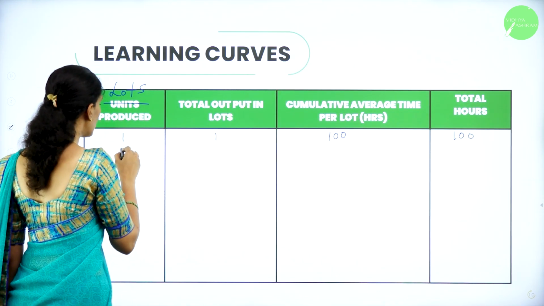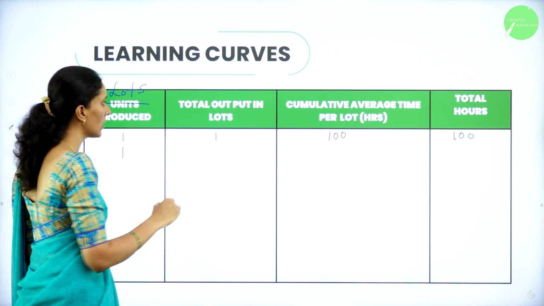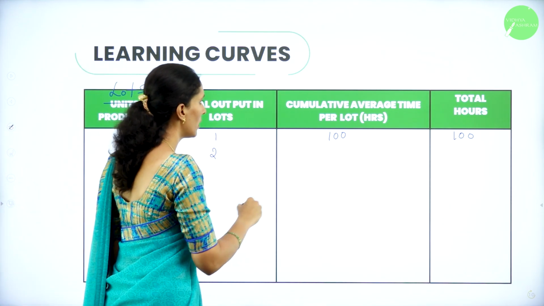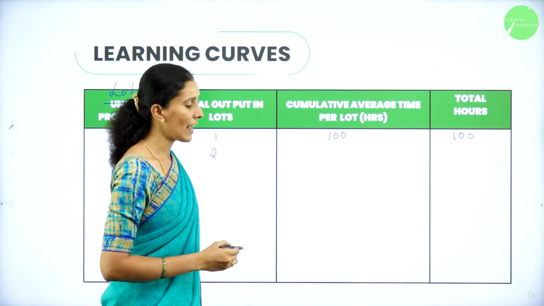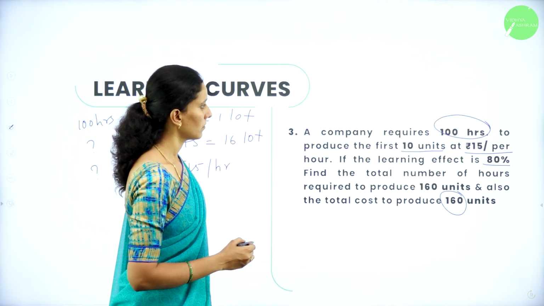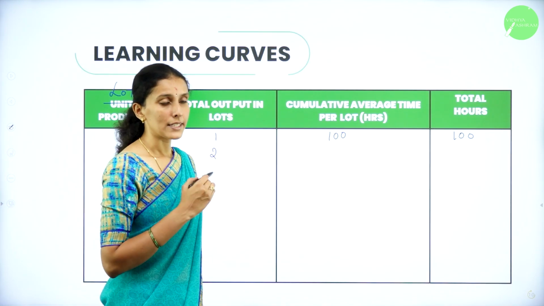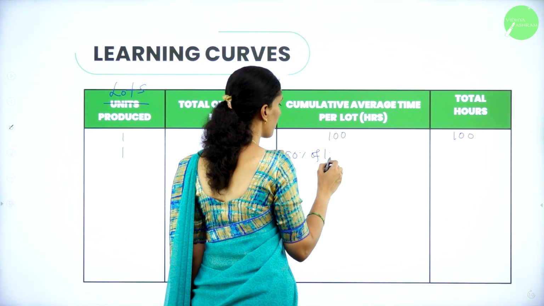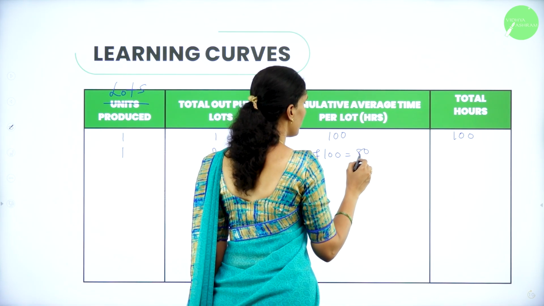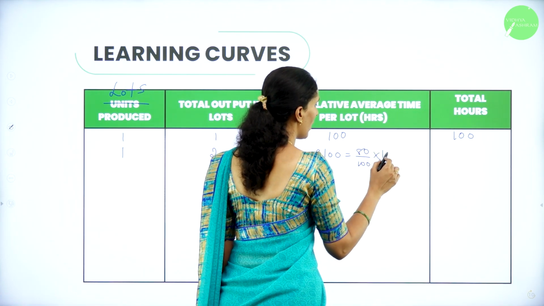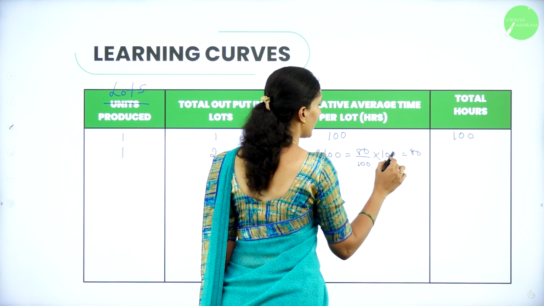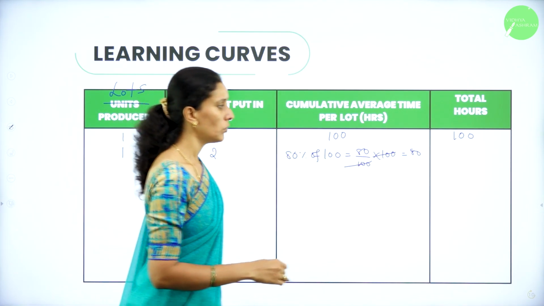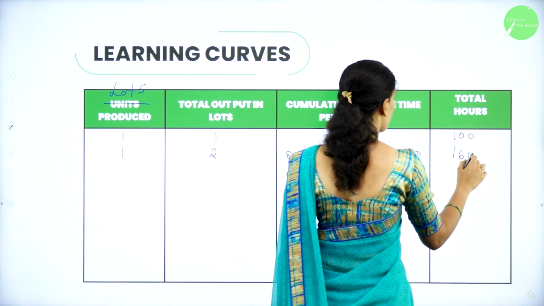Next, again to produce one lot, total output is 2 and the efficiency is given as 80%. So therefore 80% of 100, that is 80 by 100 into 100, which is equal to 80. Now 80 into 2, here it is 160.